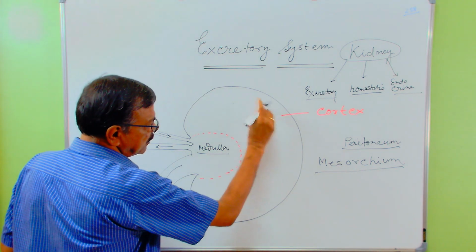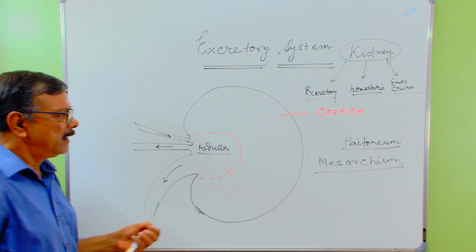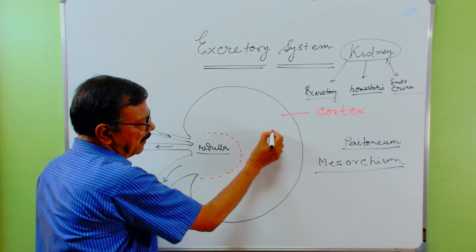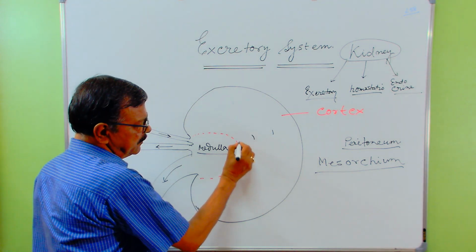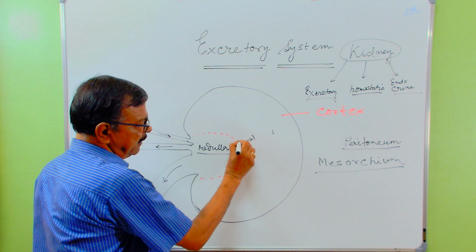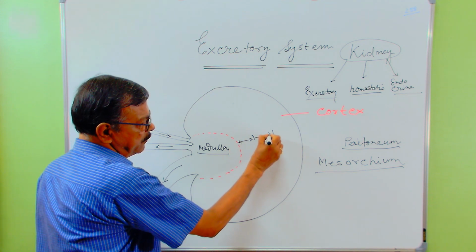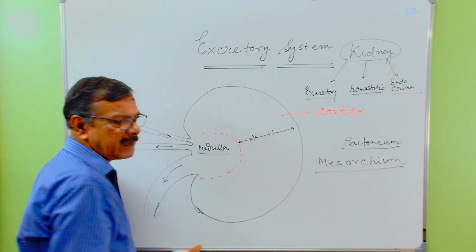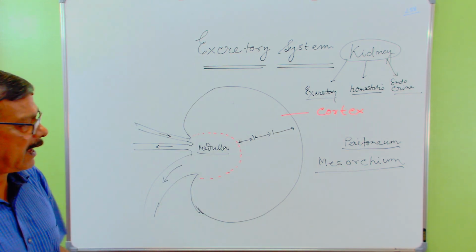Now this cortex is divided into three portions. It is brown in color, reddish brown in color.